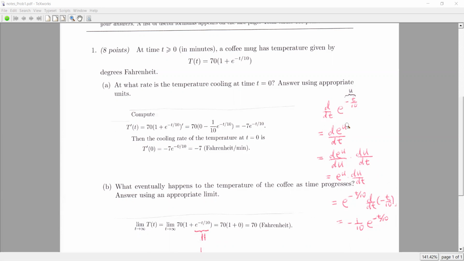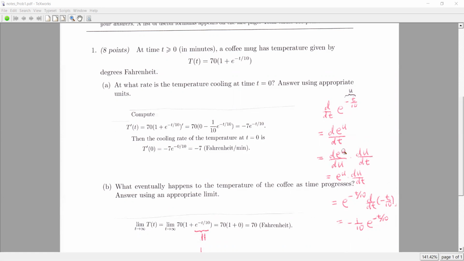To find this derivative, I use the chain rule. I insert du to the bottom and du to the top. Then the derivative is equal to this derivative times this derivative. If I cancel du, then this product will go back to this quotient.